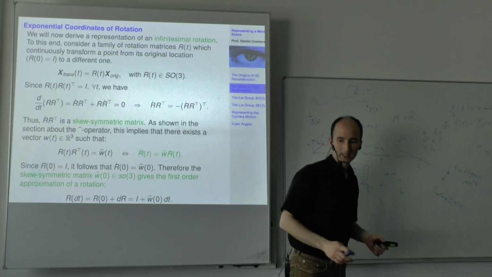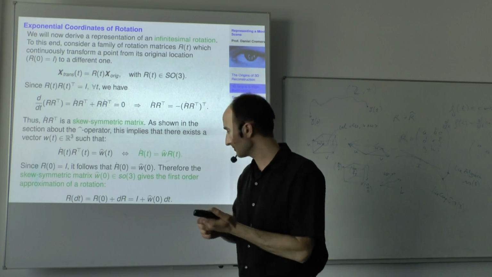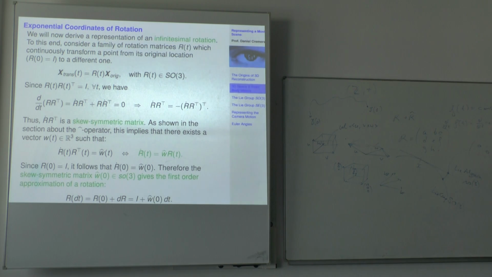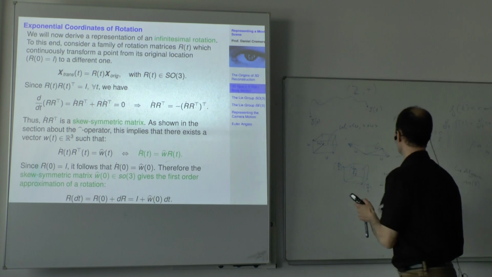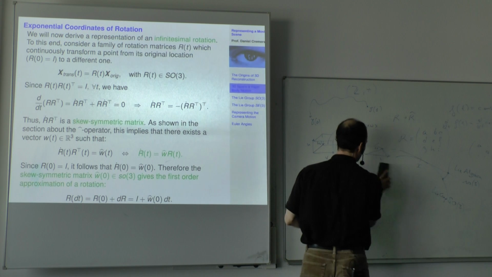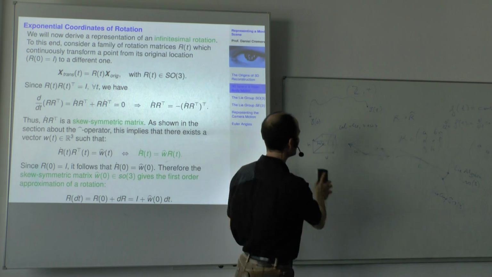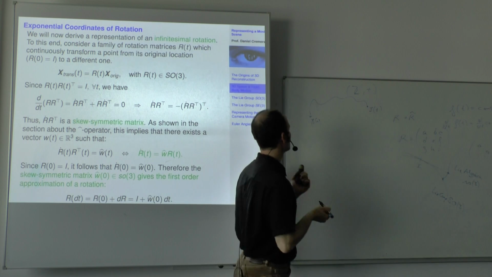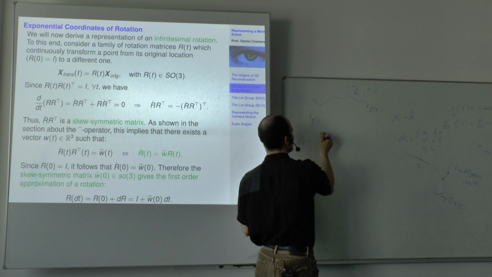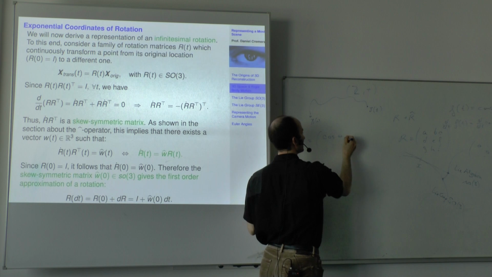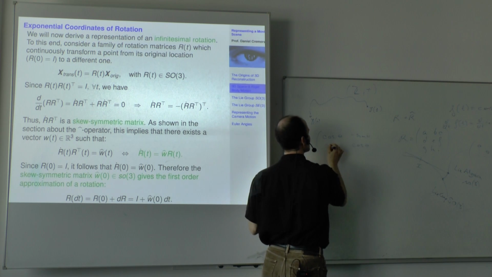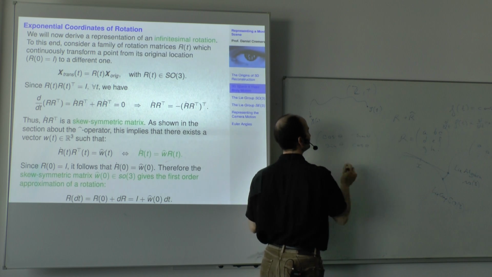The way you can actually see that, maybe to relate it to something you've already seen, consider rotations in the plane. And as you may remember from high school, these rotations can be written as matrices with cosine theta, minus sine theta, sine theta, cosine theta, right?